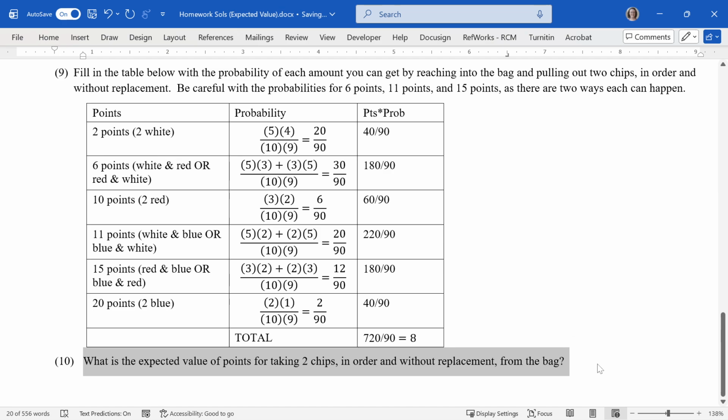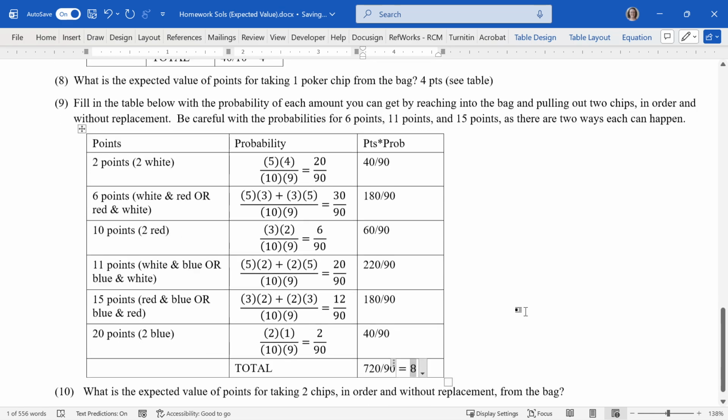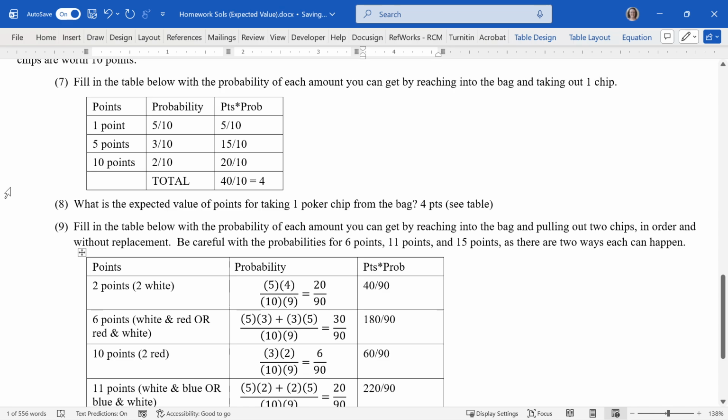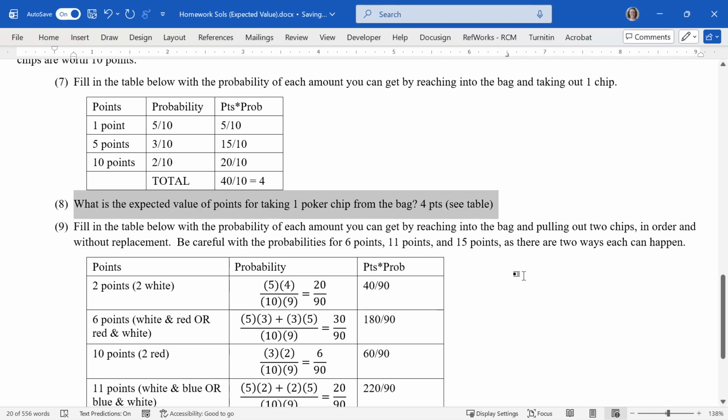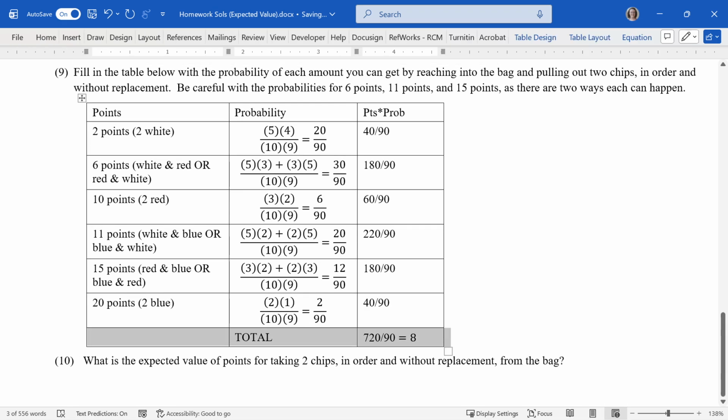Now, here's what's interesting about this. I thought about putting this as number 11. Like, do you notice anything interesting about this answer? So the answer we got for the expected value of pulling 2 chips without replacement is 8. And the expected value for pulling 1 chip is 4. So 1 chip was 4, 2 chips is 8.